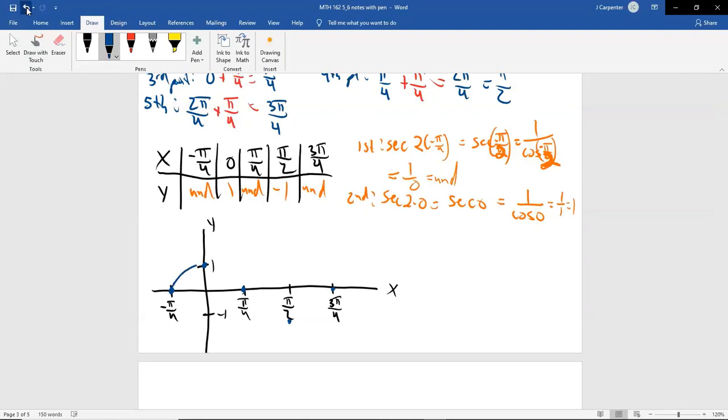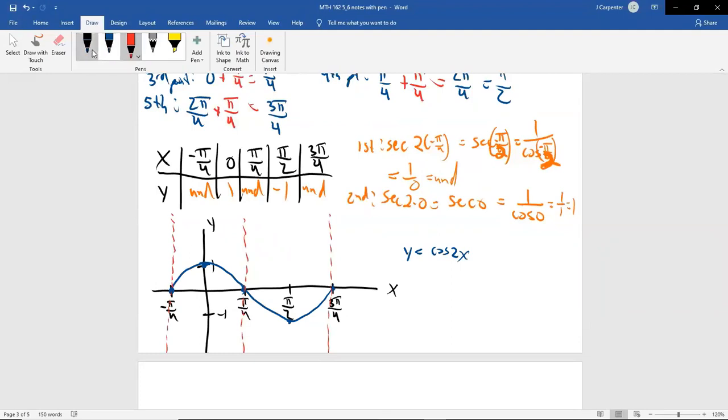So then we make our nice little wave. It looks more like a sine wave now. That's okay. So that would be, in the blue, y equals the cosine of 2x. To draw the reciprocal function, we make asymptotes wherever the original is 0, because we're flipping it. 1 divided by 0 is undefined.